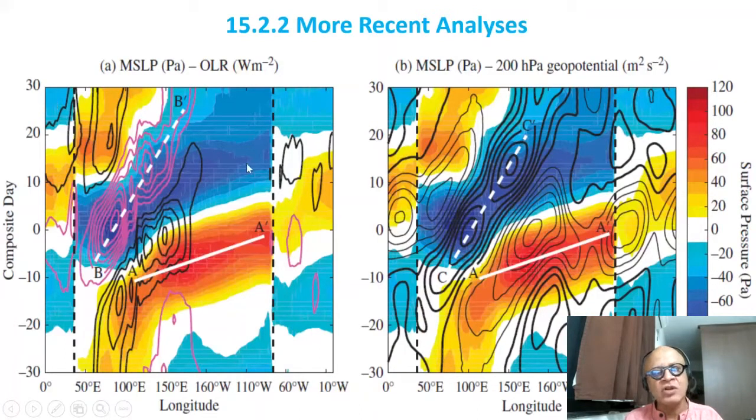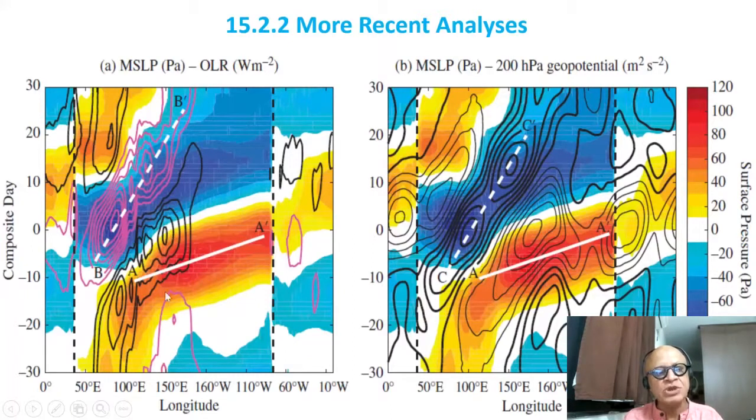And we had talked about fast moving surface pressure signals. So A prime here is moving much faster than, and here as well, than the convective signal as seen in the OLR anomaly, which is in this magenta color negative, and this is positive.